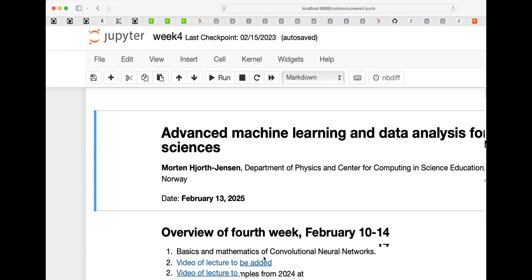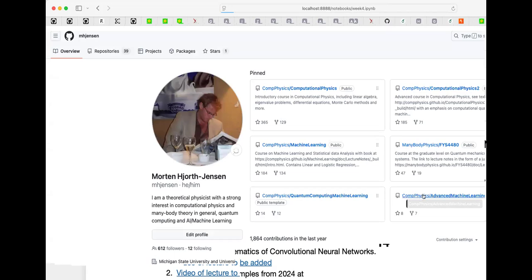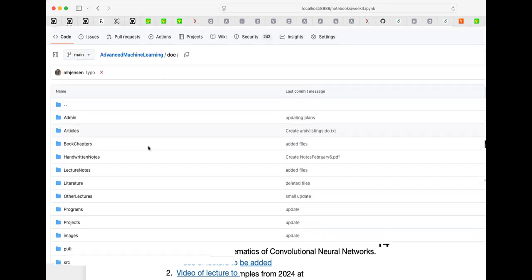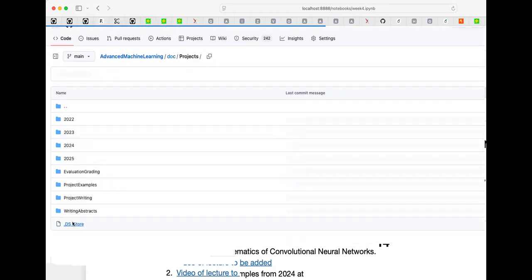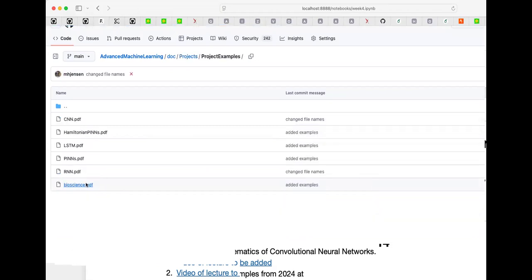And if you go to the course page, let's go to the course folder. There is a folder which I wanted to remind you of. If you go to projects, you will find one which has project examples. And these are examples from last year. And the names obviously say what they are about.